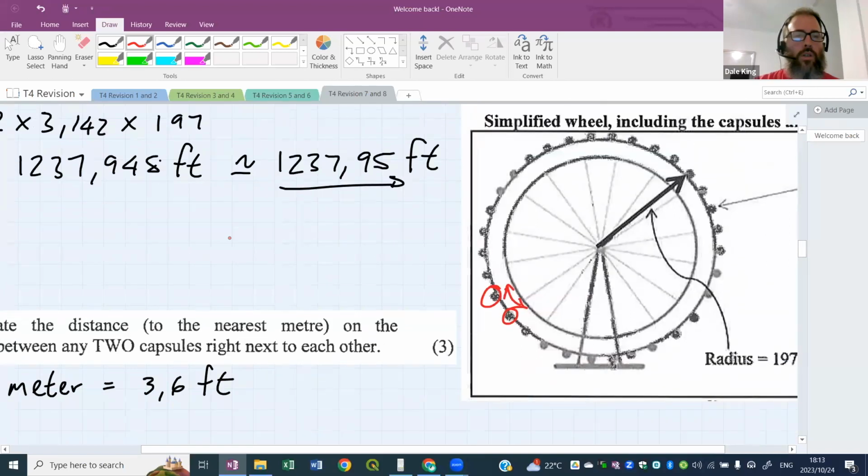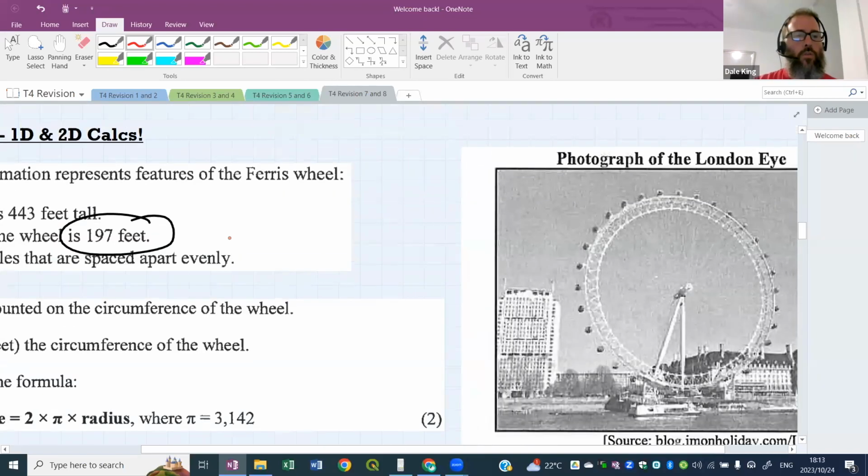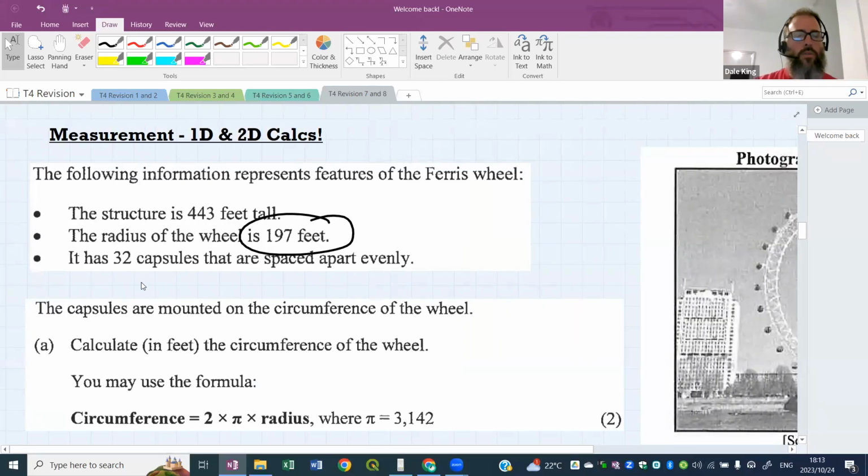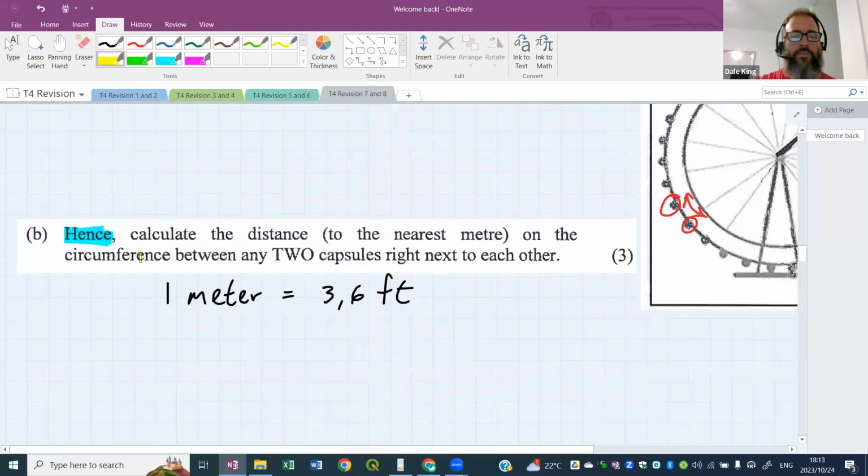What you need to know should be at the top here. There we go, it has 32 capsules. So the circumference has 32 capsules. I'm going to bring that information down here, along with the conversion, and I'll write that there are 32 capsules.